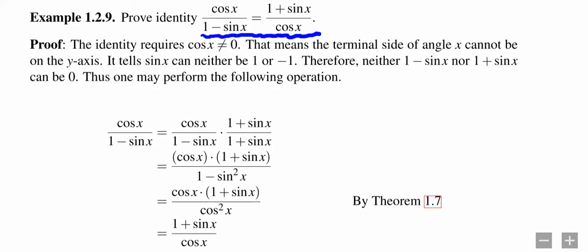It sounds like magic, because here we have subtraction, but here is addition: 1 plus sine x upstairs if 1 minus sine x is downstairs. Looks quite impossible, but it is actually right.